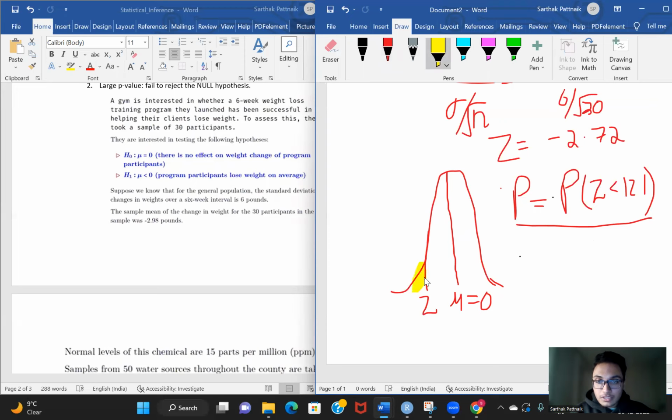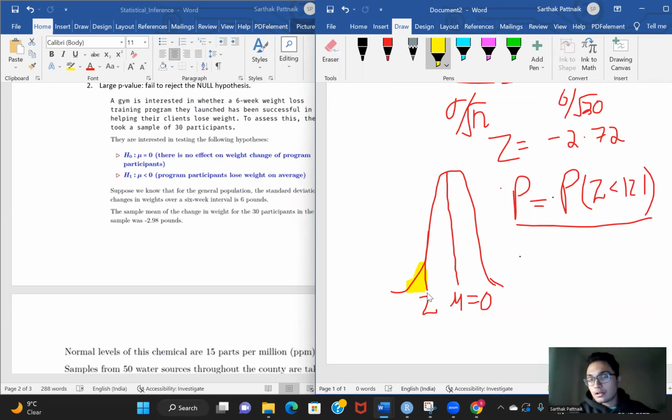So we are concerned about this shaded area. My central value is at 0 and I have been given a point Z and I need to calculate the area towards the left of my Z value.